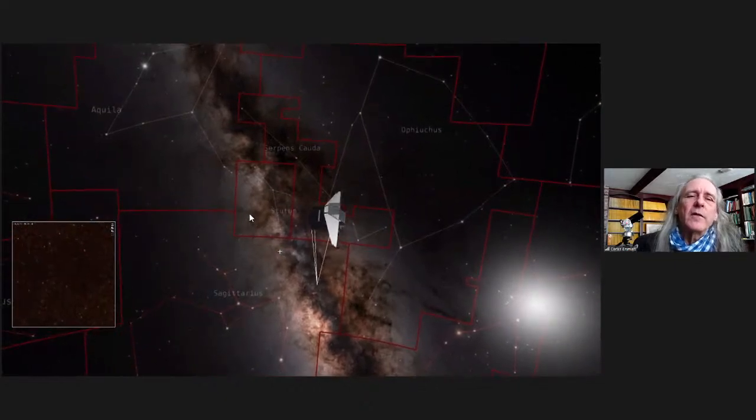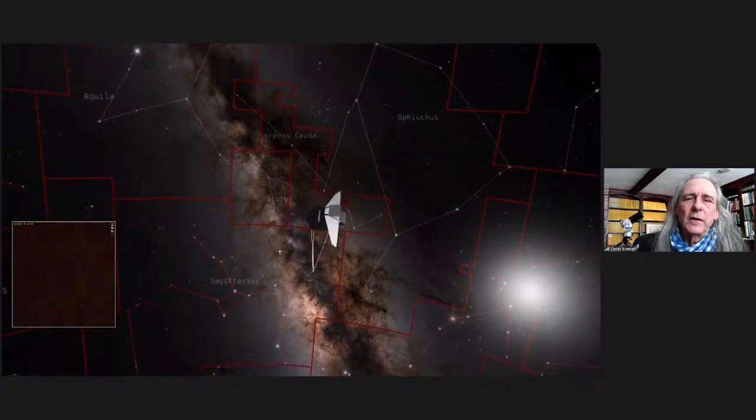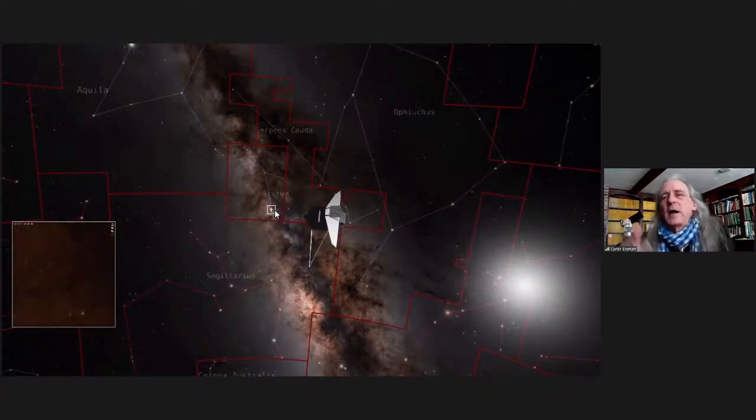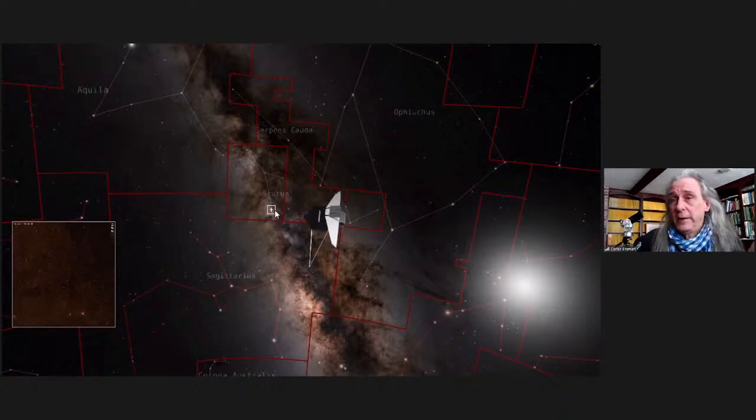Now, a large part of the mission of this telescope is to do spectroscopy. Spectroscopy allows us to look at an object and get a very detailed readout of its spectral range.